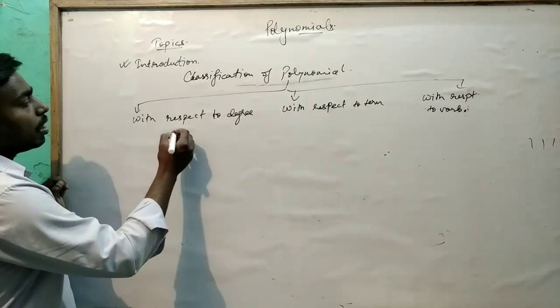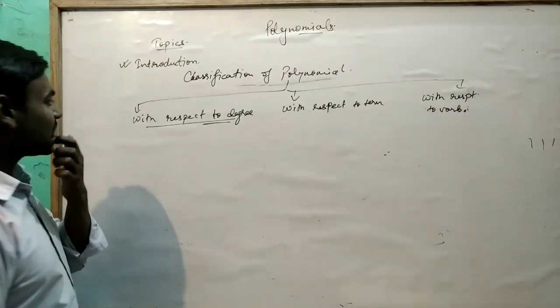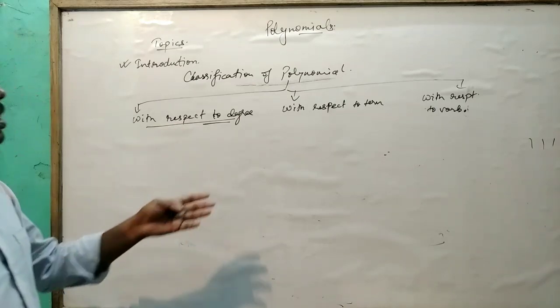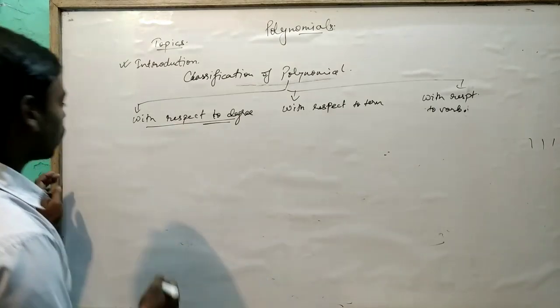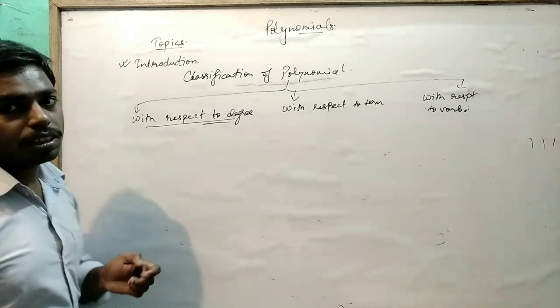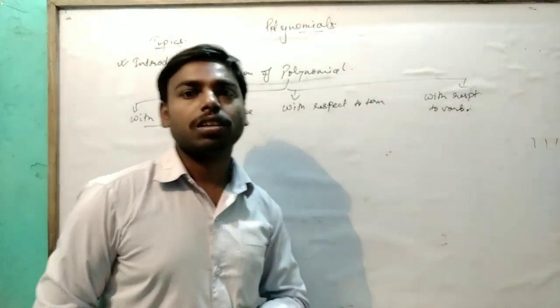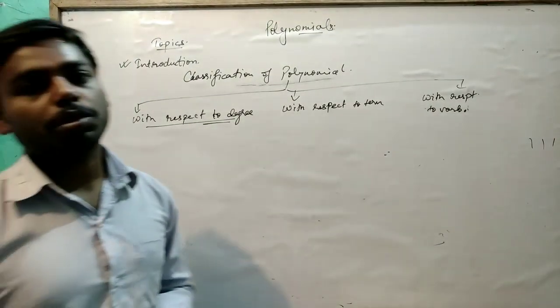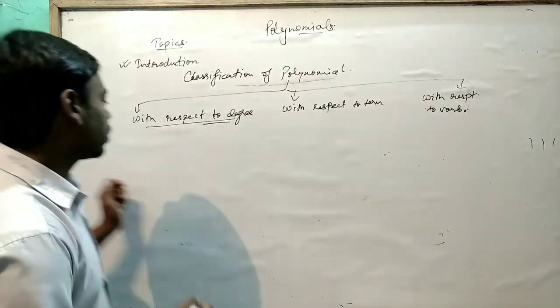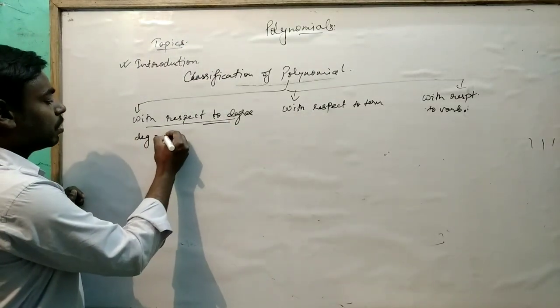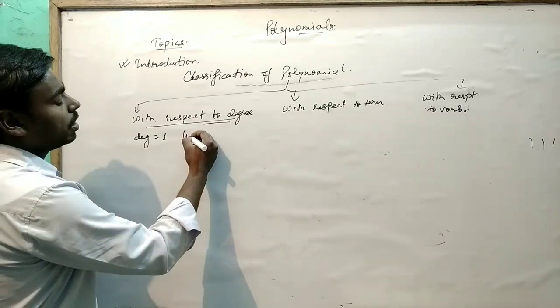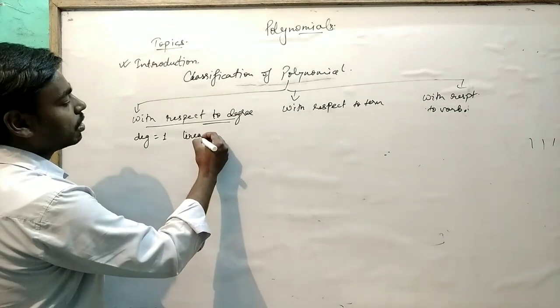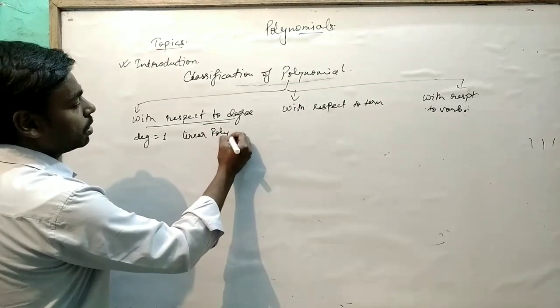Then what is next? We see with respect to degree. A polynomial which has degree 1 is called a linear polynomial. Degree 1 is called linear polynomial.